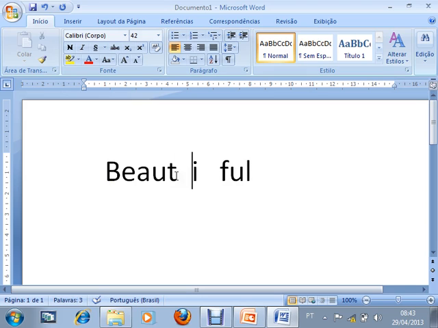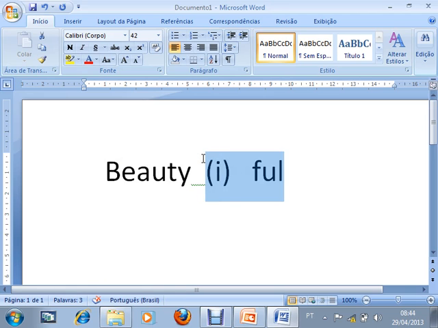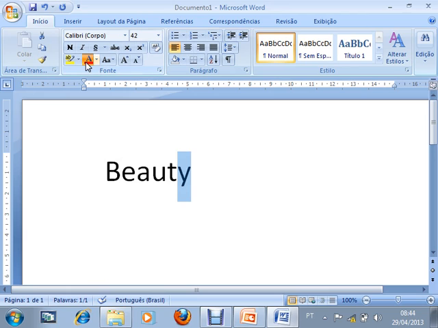I is a filler, and the root is beaut. Okay? So beauty, this Y here, is a morpheme.